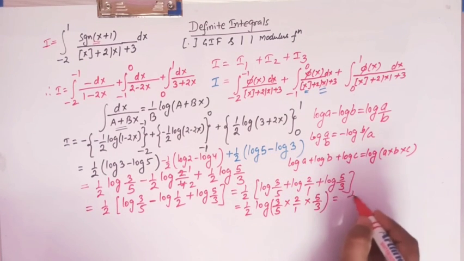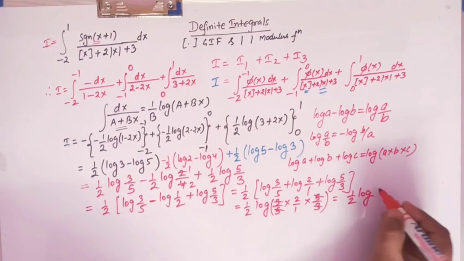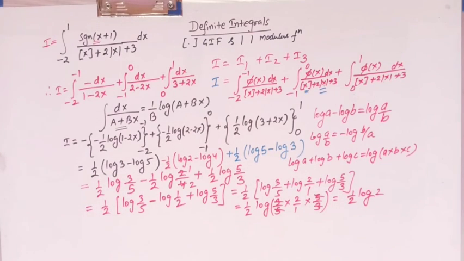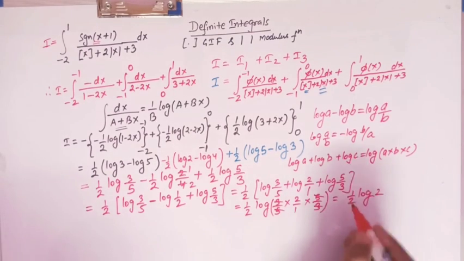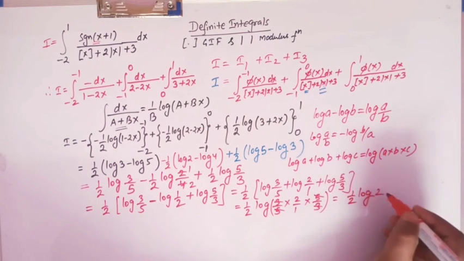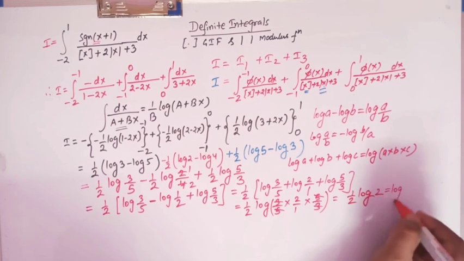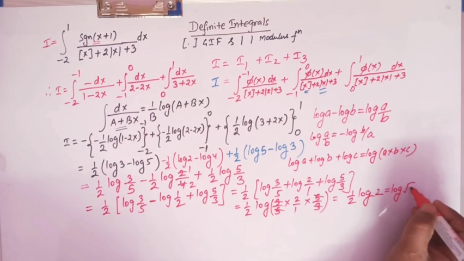So now we have half log, and here 5 and 5 get cancelled, 3 and 3 get cancelled, so we are left with 2, right? So the value of this integral I is half log 2, which can also be written as log of the square root of 2, right?